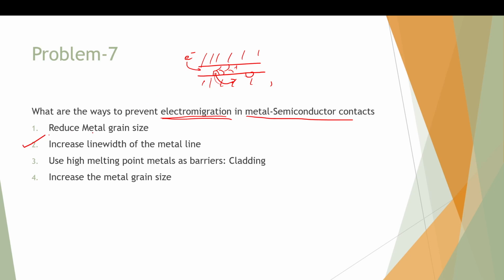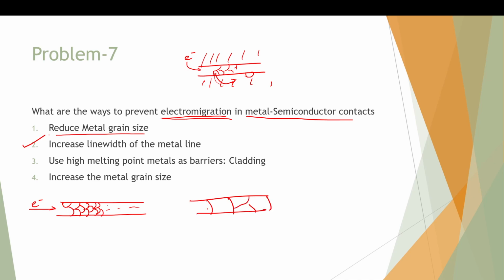So, metal grain size. What will happen if we reduce the metal grain size? These are two cases. Electrons are coming from here, I am passing current from here. One case is with smaller grains, and the other case is with comparatively larger grains.